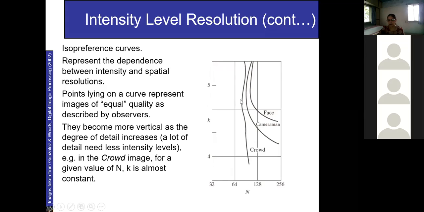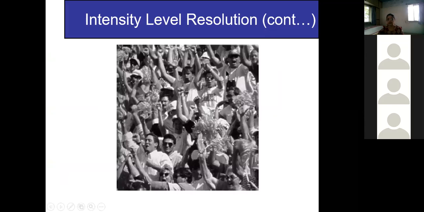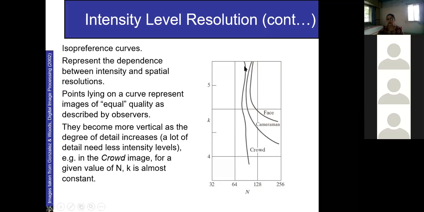Now, if you look at the curve for the crowd image, that is, this high detail image, you can observe that it is almost parallel to the vertical axis. And this curve represents images of the same quality. Points lying on the curve represent images of equal quality as described by observers. Here we are talking simply about the visual quality of the image by observers. For the crowd image, or a high detail image, this line is almost vertical.